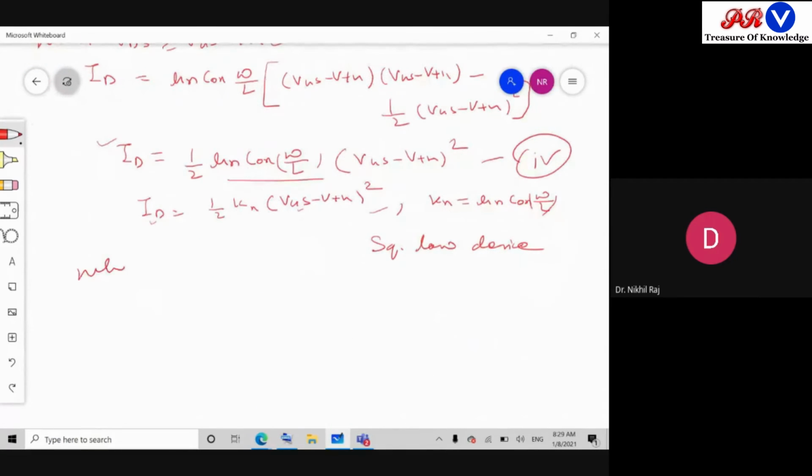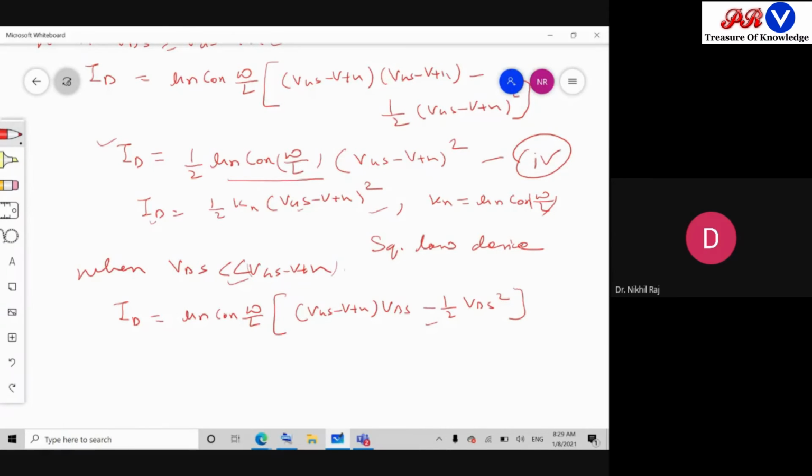So we will check the second condition when VDS is less than VGS minus VTH. Let's assume it is very very less than VGS minus VTH. At that time my ID will be mu n Cox W by L, VGS minus VTH into VDS minus half VDS square. Now substitute here. VDS is very very less than VGS minus VTH.